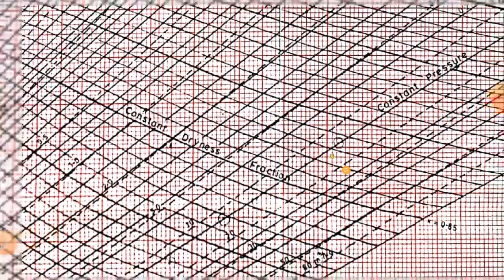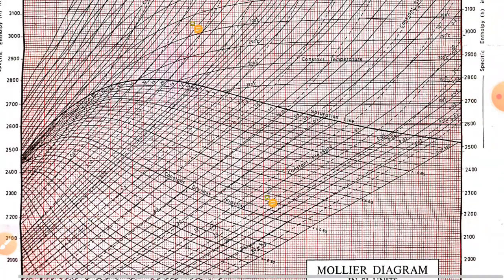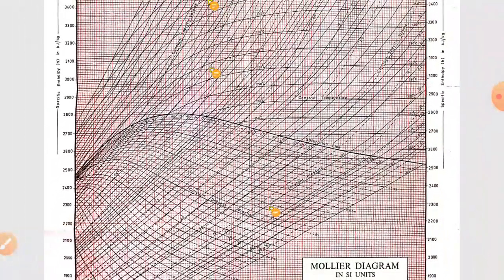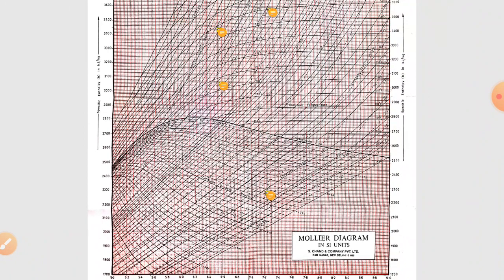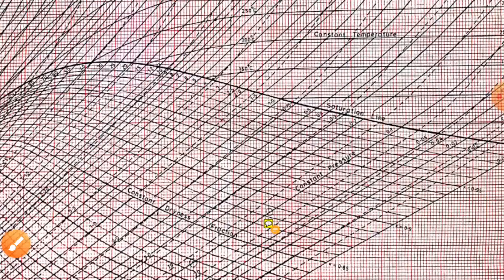This is the 3 to 4 expansion. Here I have the condenser pressure line, 0.1 bar. Wherever both have intersected, we have the H4 value.